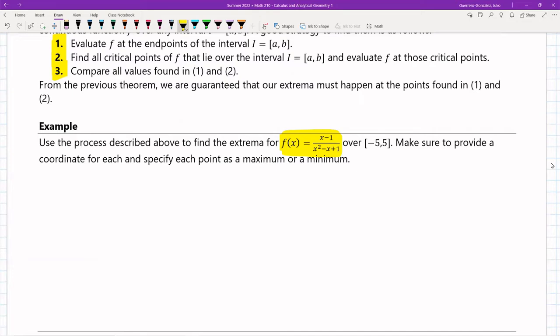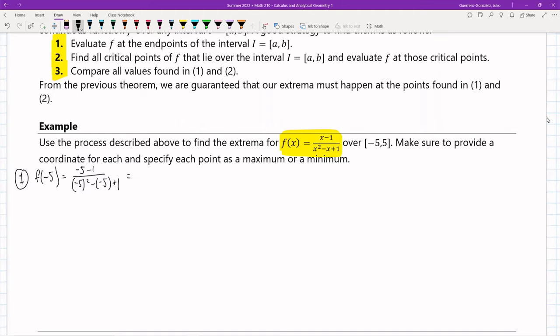So the first thing I'm gonna do is number one, just find the values at the endpoints. I'm gonna calculate the values for my endpoints. That's gonna be step one. So I'm gonna do f of my first endpoint, -5. So this is going to be -5 minus 1 over -5 squared minus -5 plus 1.